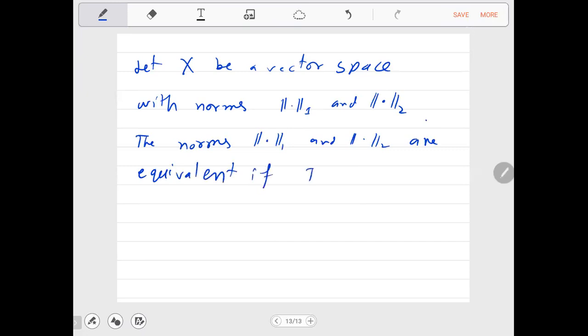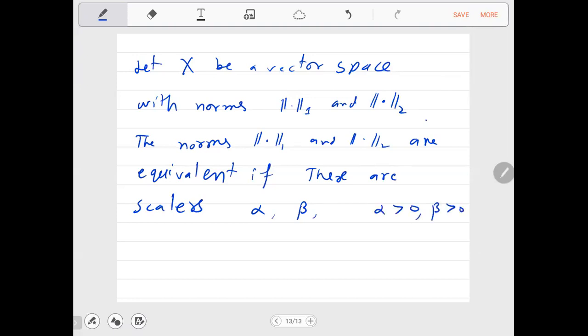there are scalars alpha, beta such that alpha is greater than 0, beta is greater than 0.